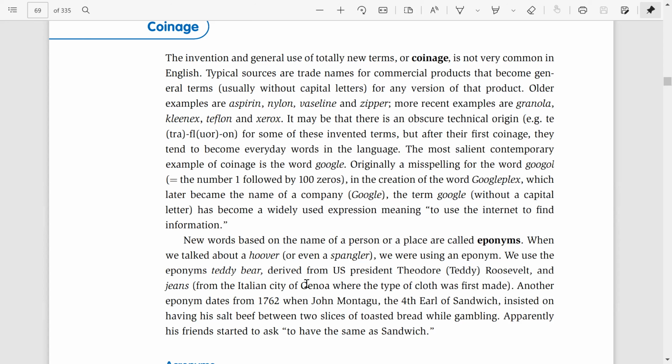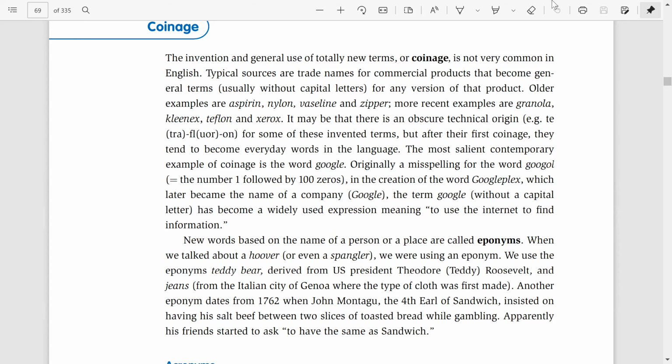So jeans is an eponym because it is based on the name of a place. Another word is sandwich. So by coinage, we mean the invention of a totally new term on the basis of maybe a name, a place or some other thing.